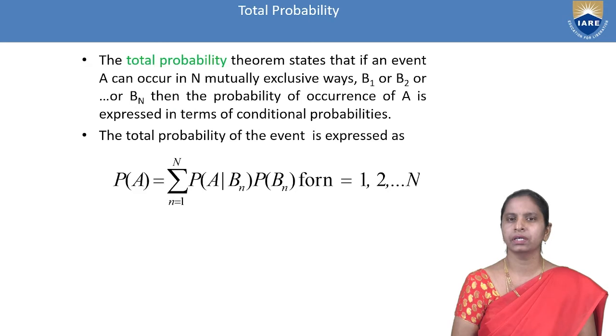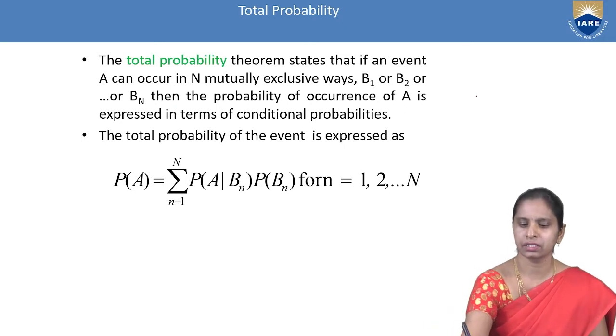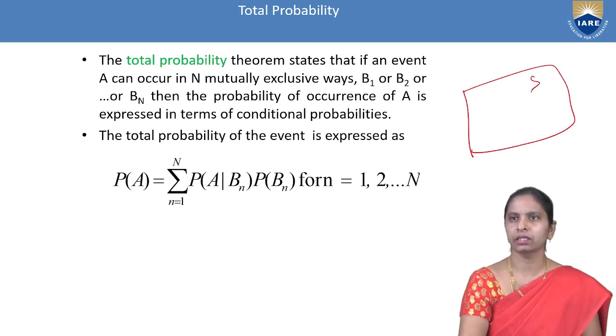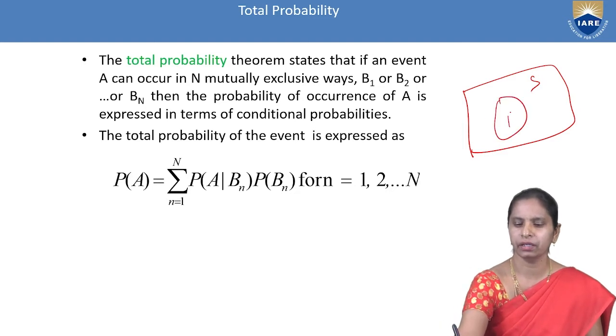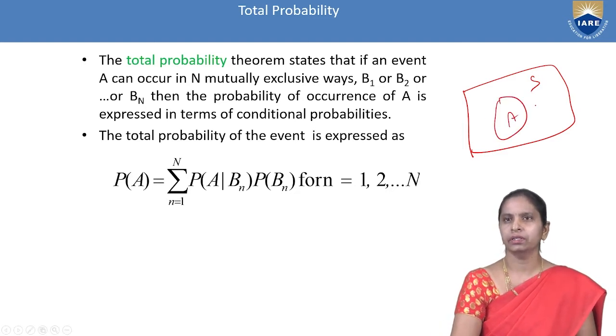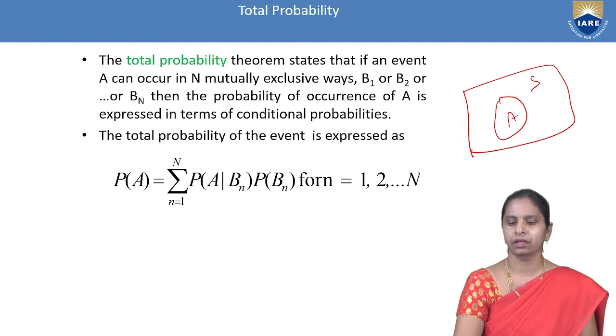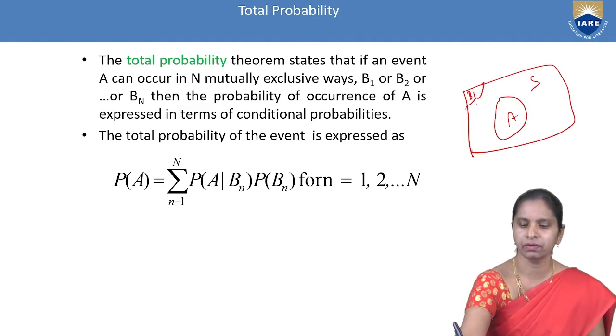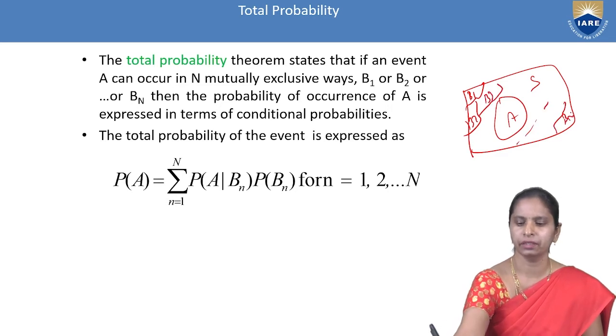If the probability of an event is unknown, then you can calculate the probability of that event with the known probabilities. It is called total probability. Let us say that A is an event defined in the sample space S. On this sample space S, I am defining the event A. Now I am defining n mutually exclusive events B1, B2, B3 and so on up to Bn.